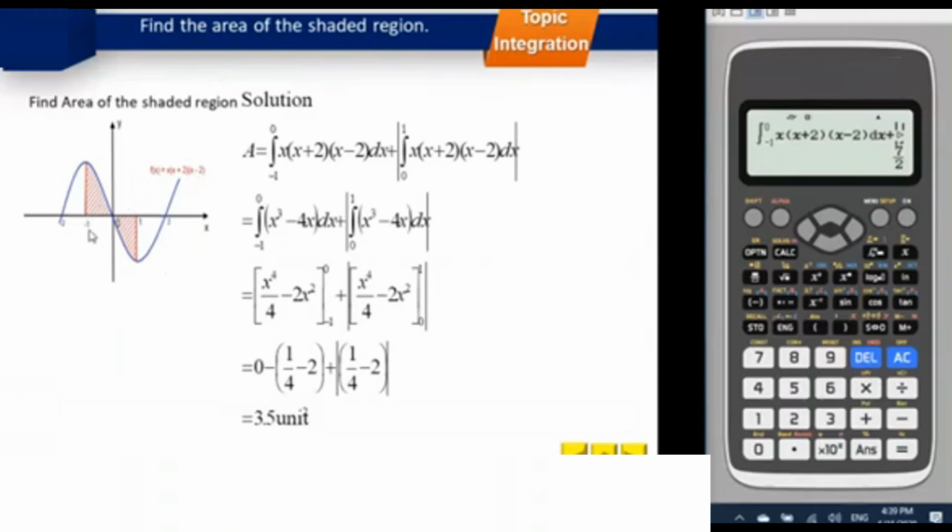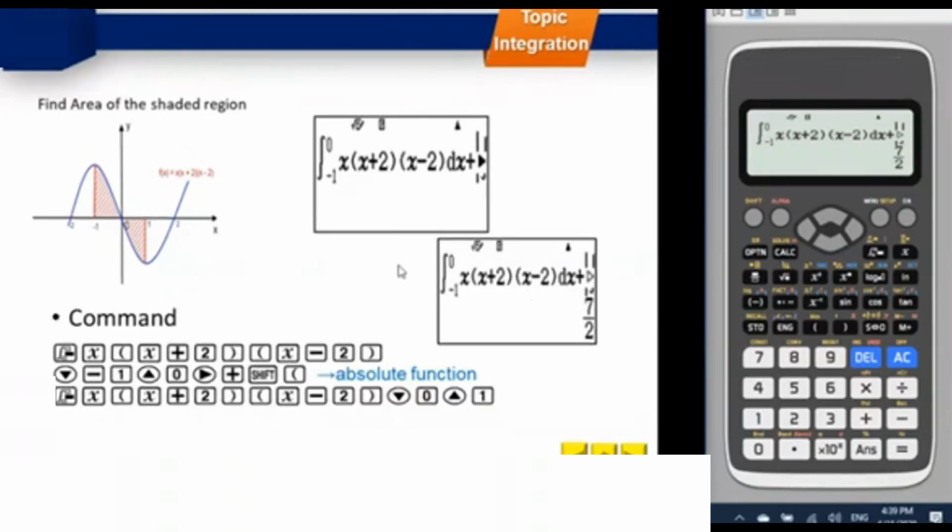If I write directly from minus 1 to 1, I'll get a 0. I will not get 3.5 because the area above the x-axis minus the area below the x-axis is 0. We don't want to subtract the two areas. We need to add the two areas. Therefore, I have written the equation twice, and the second time I have also introduced the absolute valued functions. I hope this is clear.